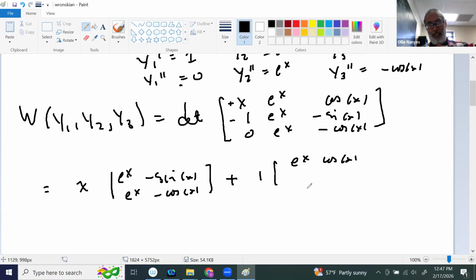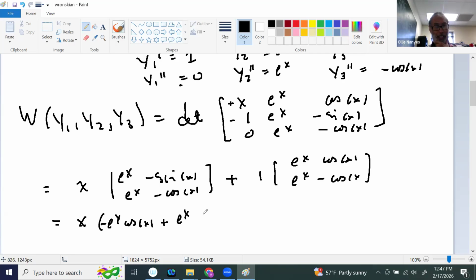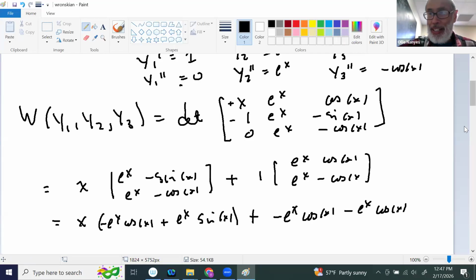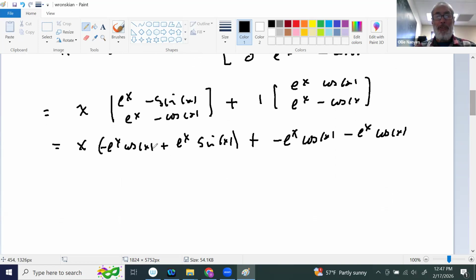You cancel this out, cancel that out, e to the x, minus cosine x. And this would be x times e to the x minus cosine x. Minus a minus is a plus e to the x sine x. And then here we have a plus e to the x minus cosine x minus e to the x cosine x. And we can simplify if we wish.